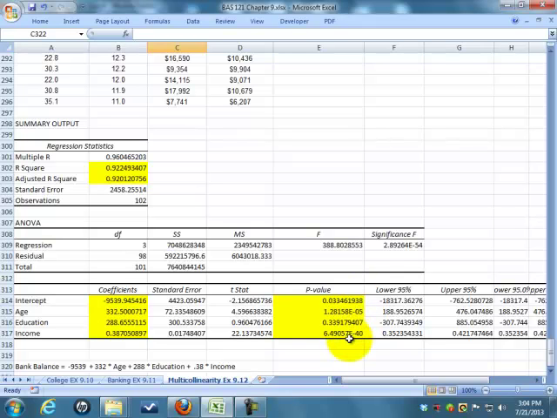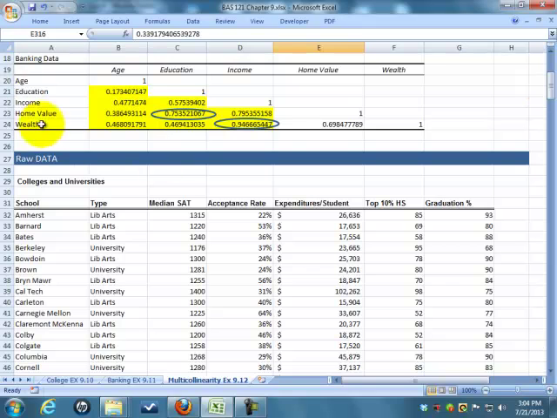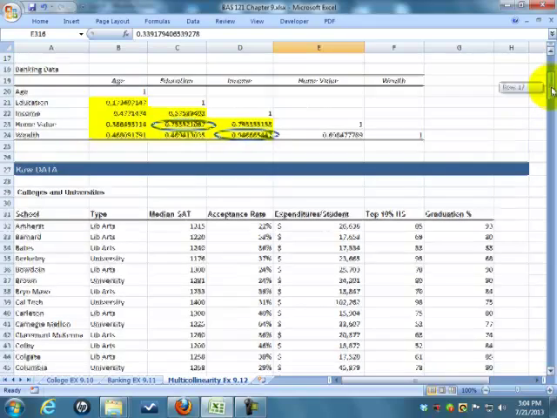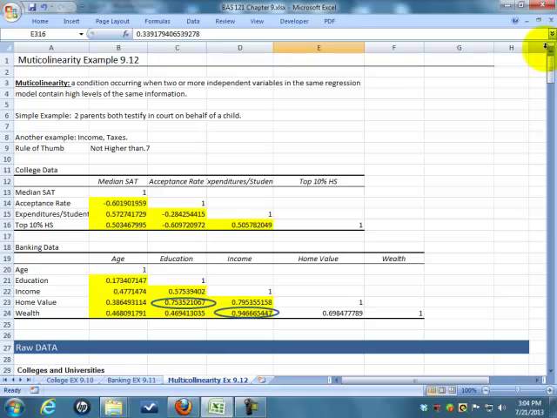Notice I get p-values all less than, well, I still don't have it. I still got education. So we'd probably have to do a little bit of rerunning here. But you'd come up with a very different equation and you'd take out the situation where you have the collinearity. It's basically testing to make sure I don't have two independent variables that are basically saying the same thing. That's multicollinearity, and how to test for it and to take it out of your models.